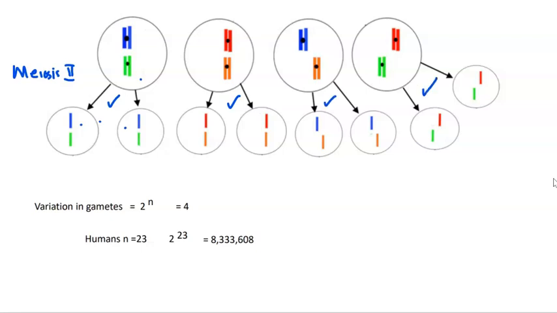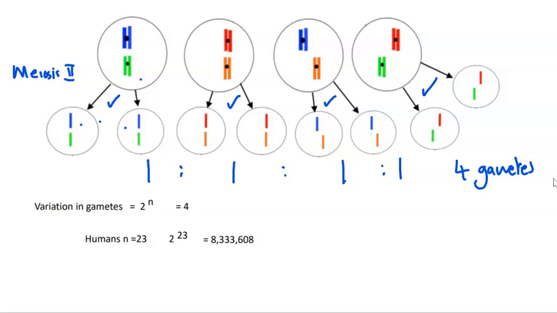However, notice that if we think of this as a ratio, we still have the ratio of 1 to 1 to 1 to 1. We have 4 different arrangements of the chromosomes in the gametes, and we have halved the chromosome number.